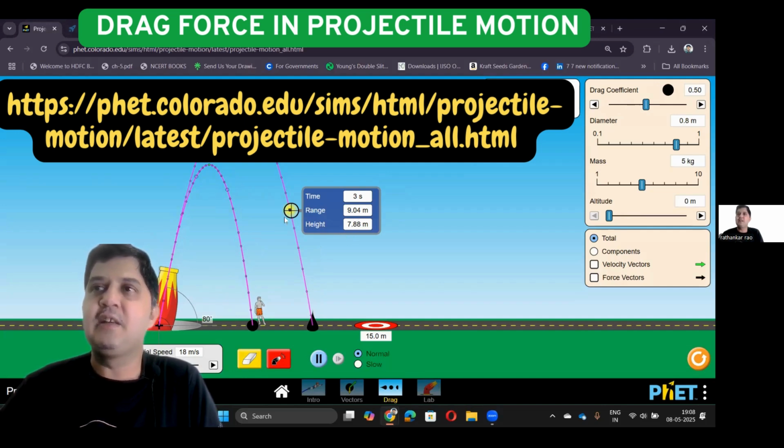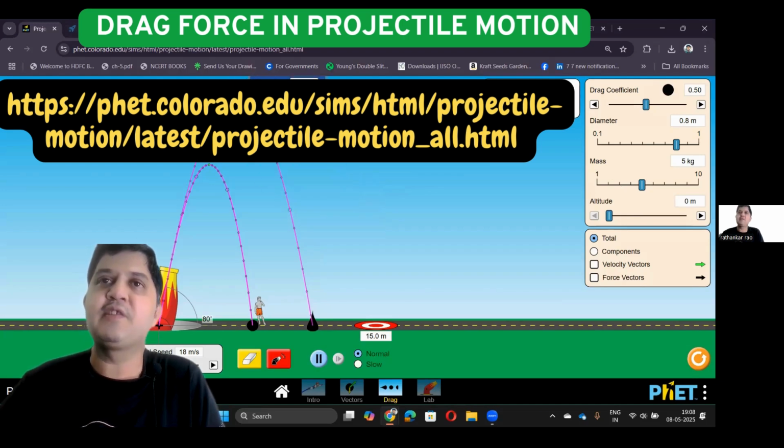Let us see whether, because we have increased the drag coefficient, this has also decreased by half. The maximum height was seen to be 15.39 meters. Now let me pull this and put it over here.